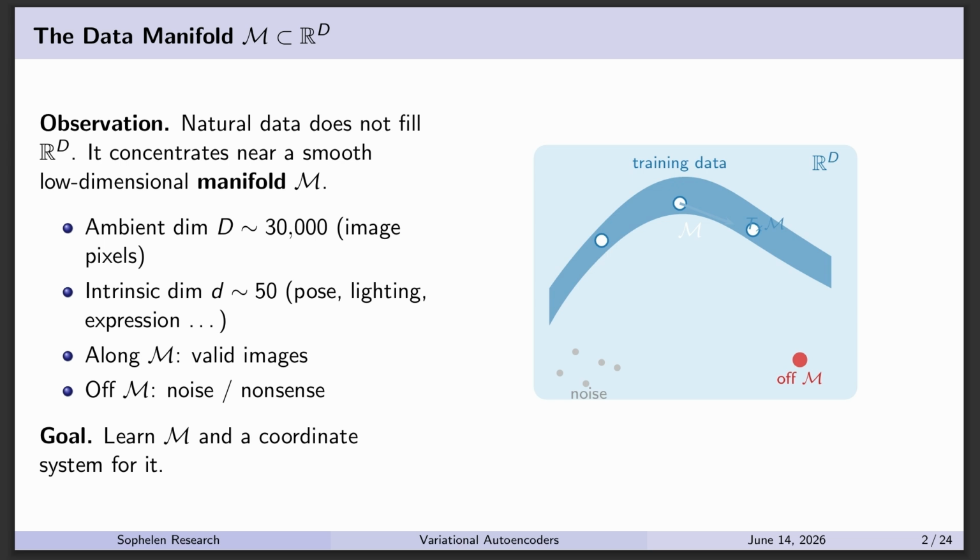The pixels are not free. So these images live in a much smaller dimensional space. And we wish to know what is the dimension or the intrinsic dimension of these images. There are many ways to compress data down to a much smaller dimension, and autoencoders is one of those techniques.